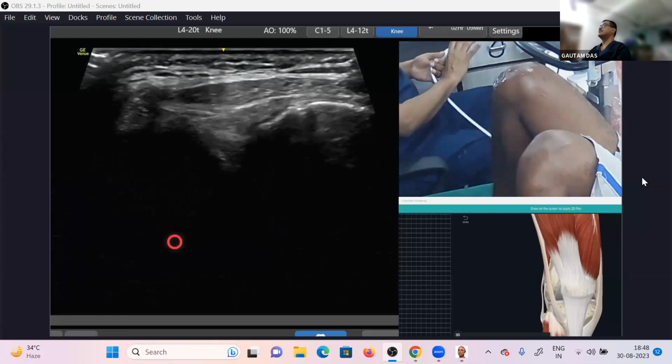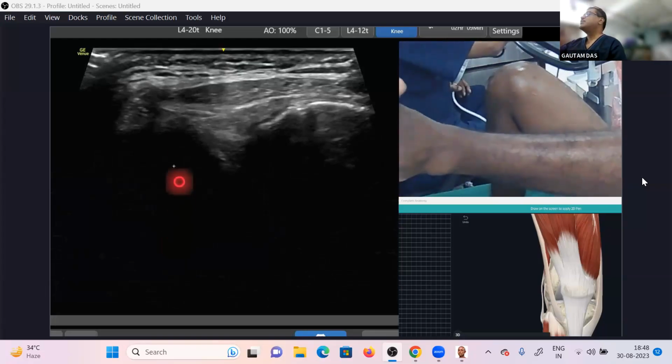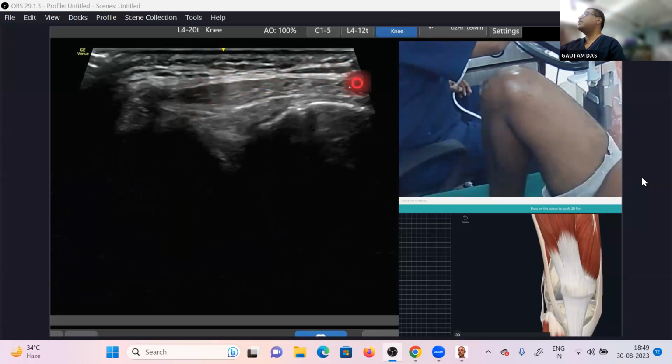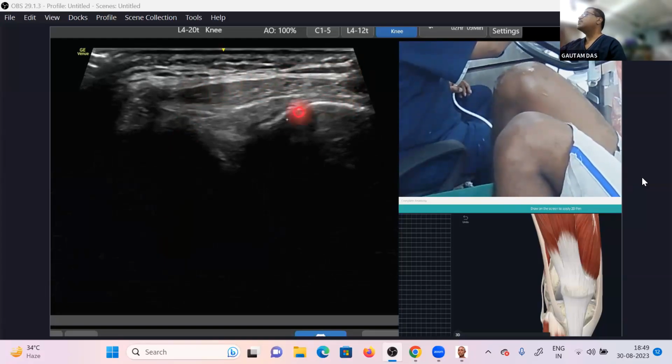Okay, let me treat it here. So what can you see here? This was your patellar ligament or tendon. So this is the V that you should search for.